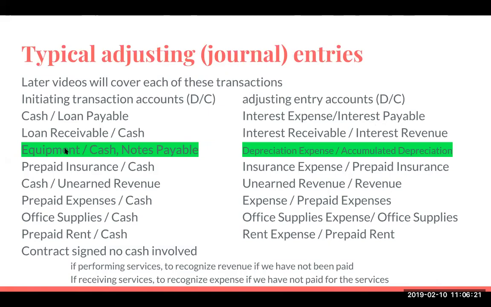Once I start using the asset in my operations, I need to record the cost of the use of that equipment, and the way I'm going to do that is through depreciation expense. So that's what we're going to be focused on today.